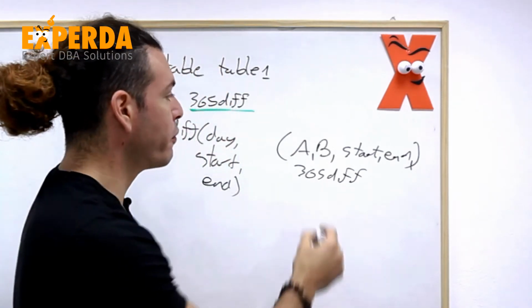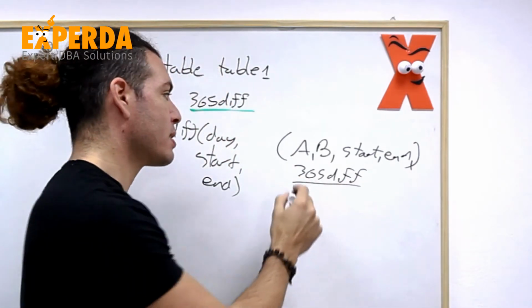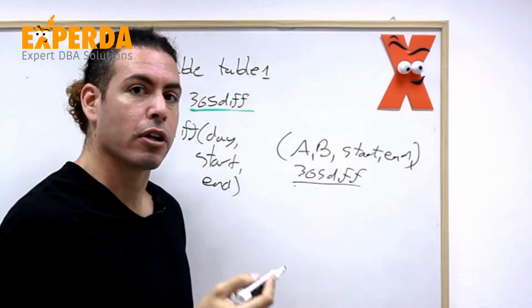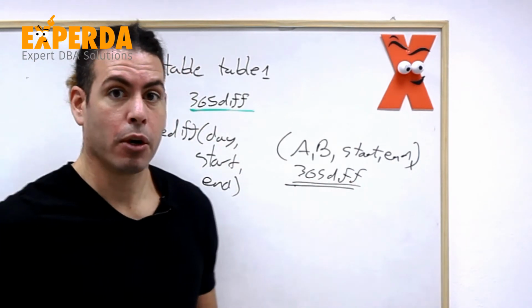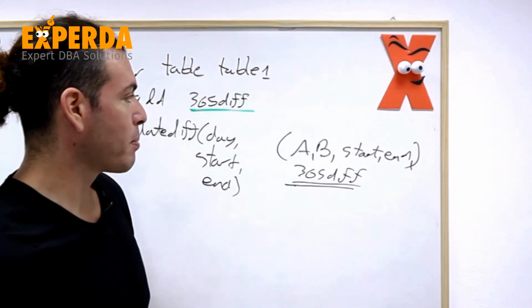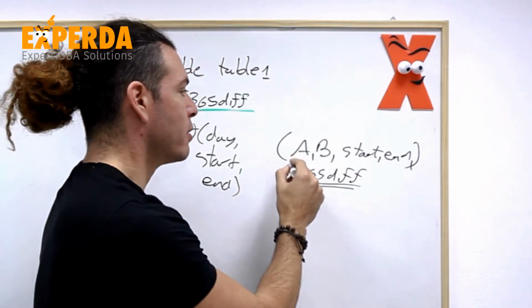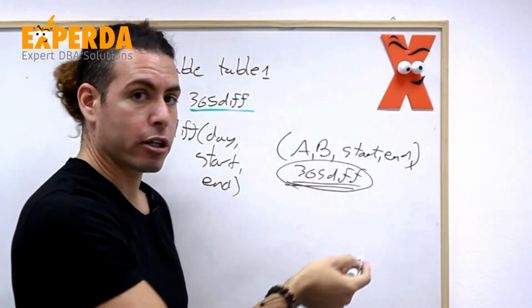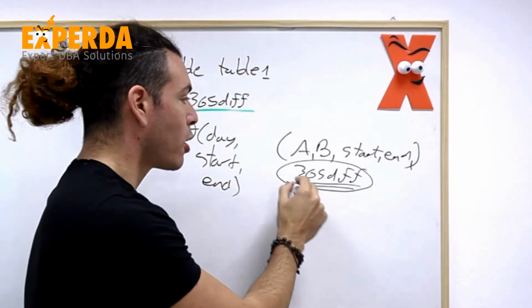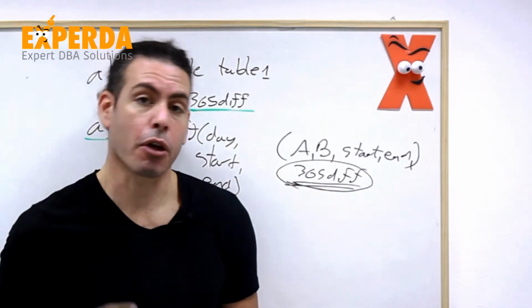The only time I will first extract this or use this in any way, only then will the records be inserted into this new column. What does that mean? It means that as long as I'm not selecting or using it in any way, in a where clause or in a select clause, this column won't be calculated.